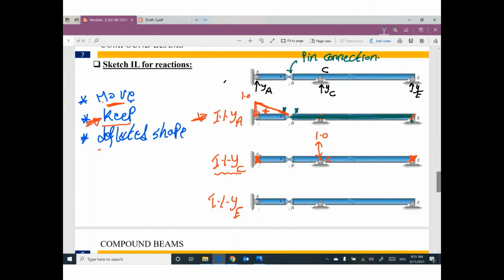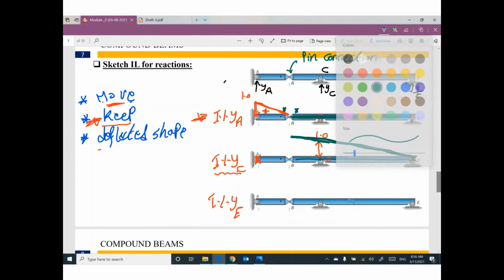So can you look at this part of the beam between point E and C? You kept this point without movement. You moved this point C up by 1. So I believe the new shape of this part of the beam is like this. That makes sense?